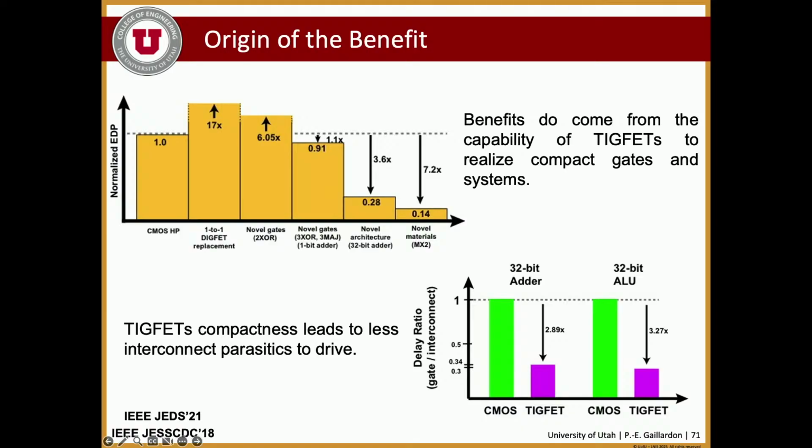That's value 1. If we were to replace all the CMOS transistors with individual functionally enhanced devices, we get a 17x penalty there. And large penalty because these devices are bigger, bulkier, Schottky barrier based, so they have less ion current, right? So you just degrade things big time.